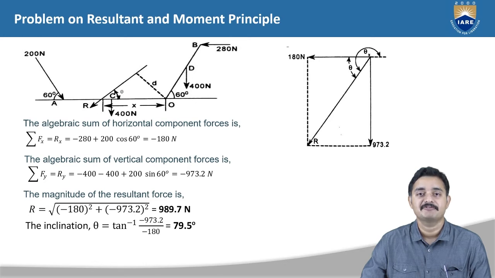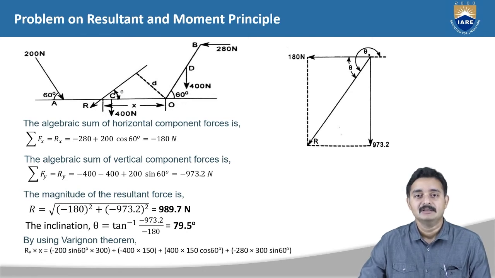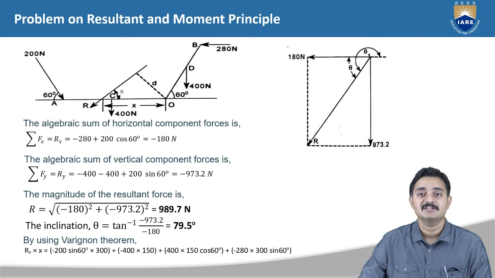For identifying the position of the resultant, let us apply Varignon's theorem. Taking moments about O implies Ry into x is equal to minus 200 sin 60 degrees into 300 plus minus 400 into 150 plus 400 into 150 cos 60 degrees plus minus 280 into 300 sin 60 degrees.